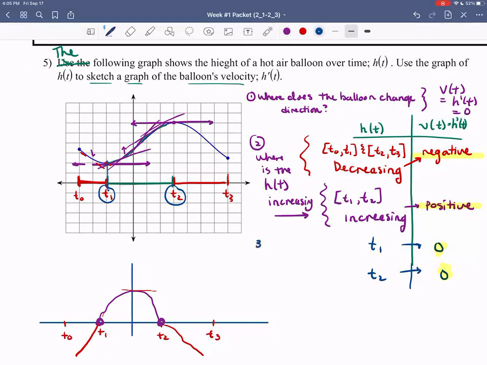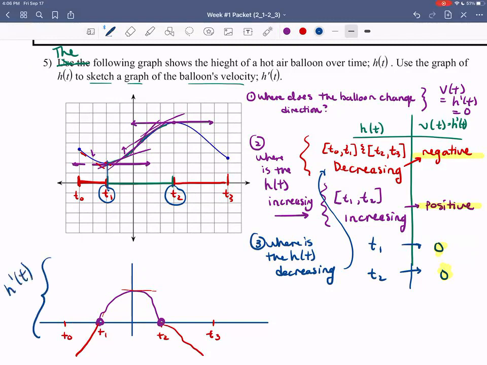And thirdly, where is the graph decreasing, because that will tell us where our derivative is negative. So in final, our derivative h prime of t, this is a rough sketch, not using scales on our vertical axis, but roughly it looks something like the following.